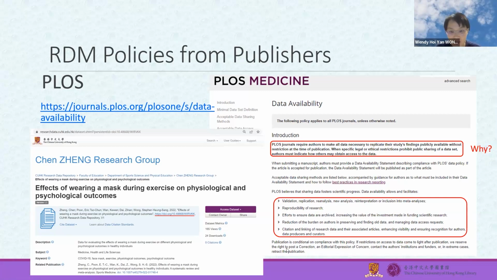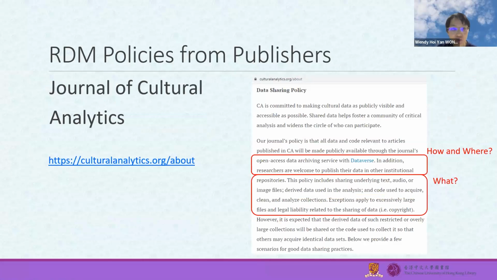And it allows data citation and linking of research data to any associated articles, or further work based on your research data. The Journal of Cultural Analytics, which is more on humanities, states how and where you should deposit your data, in Dataverse for example.